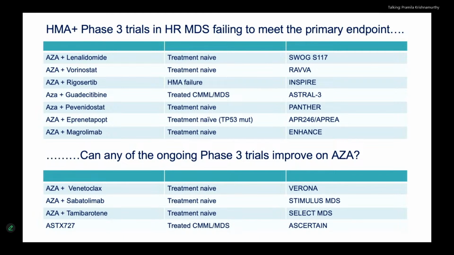We also await the phase 3 for STIMULUS, looking at the role of sabatolimab, and currently progressing is tamibarotene, which has reached the point of interim analysis. And there's another study, ASCERTAIN, looking at the role of the oral decitabine cedazuridine compound, ASTX727. So we still have some hope, although history unfortunately has not proven favourable for high-risk MDS.